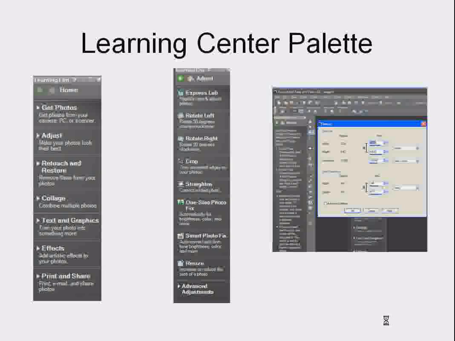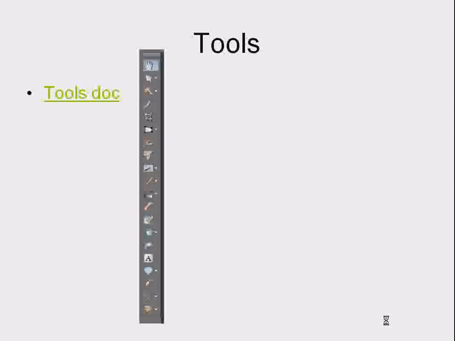So again, these are all toolbars. You want to become familiar with where they are located and have a basic understanding of how these various tools work. The toolbar, as you notice here, is located right next to the Learning Center, and it gives us a list of tools. If we point at those tools within PaintShop Pro, it will tell you some of the different options.